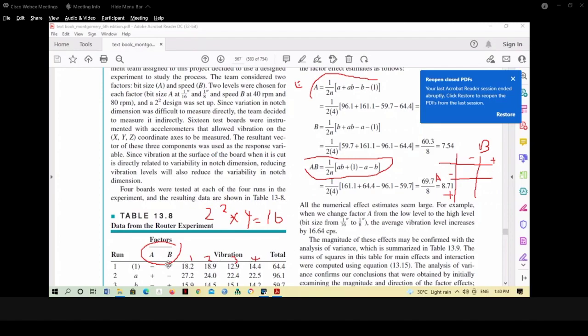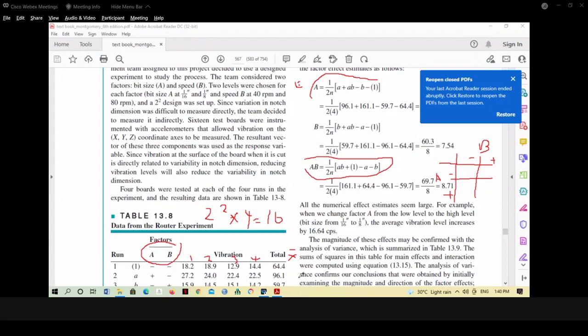Look at this column, AB. Then you need to calculate the X bar, the mean. How to get X bar? 64.4 divided by 4, so the mean.